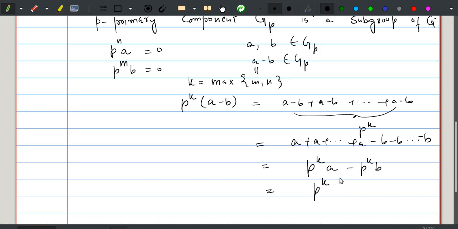Now p^k times a is 0 and p^k times b is 0, so p^k times (a minus b) is 0.